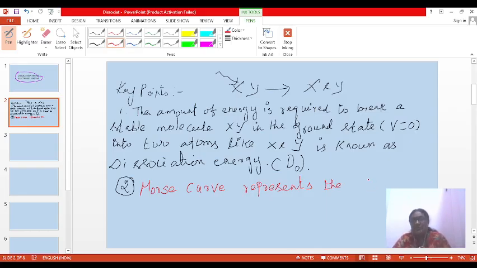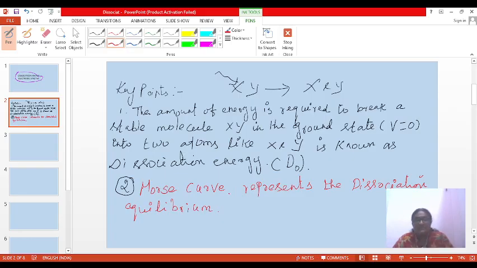What is meant by dissociation equilibrium?